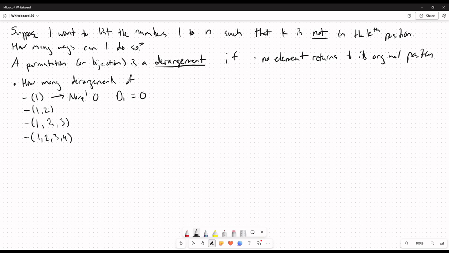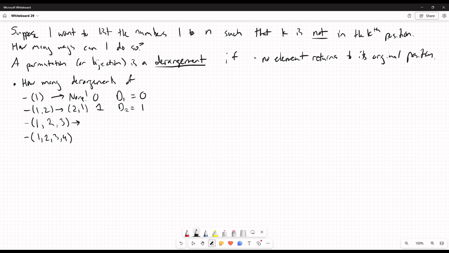So, what about 1, 2? Well, the good news is I can do it. 1 has to go where 2 went, because that's the only other place it can go. And then that leaves 2 to just go where 1 was. So there's going to be one of those, and we see that D2 equals 1.